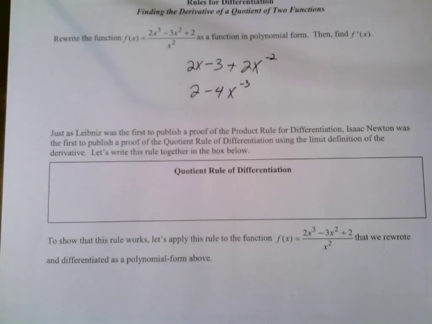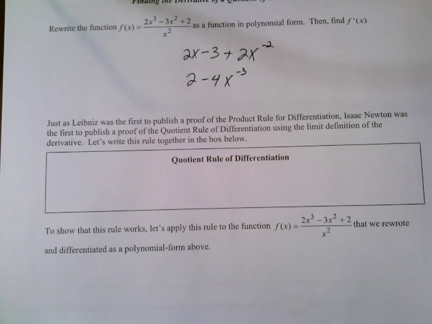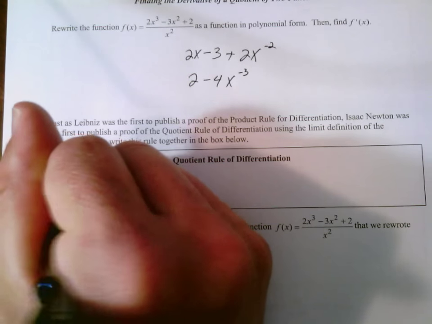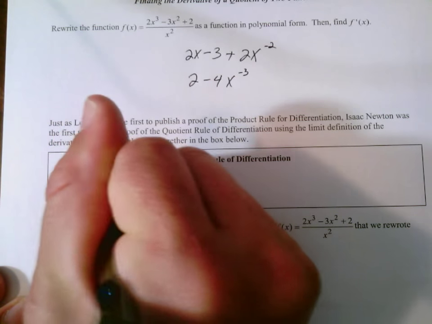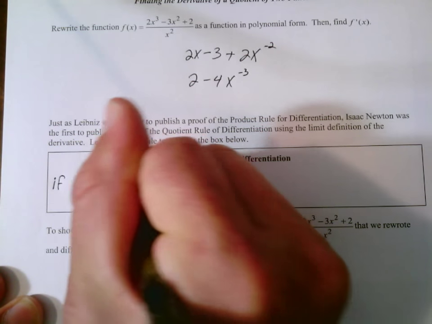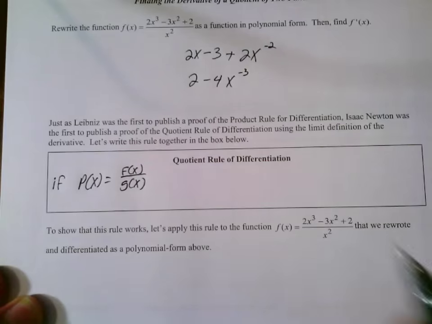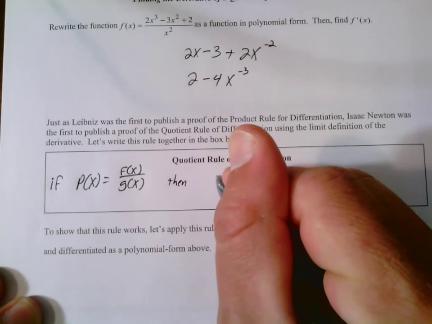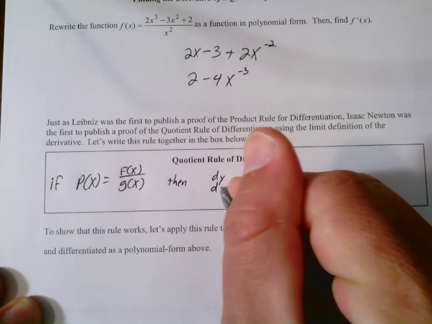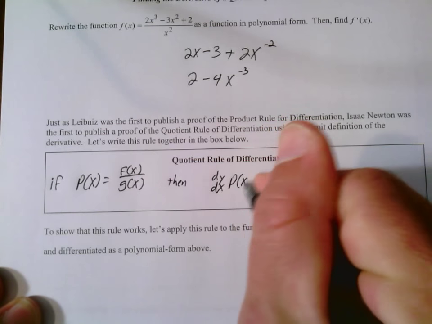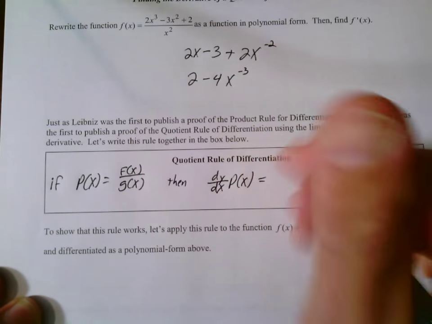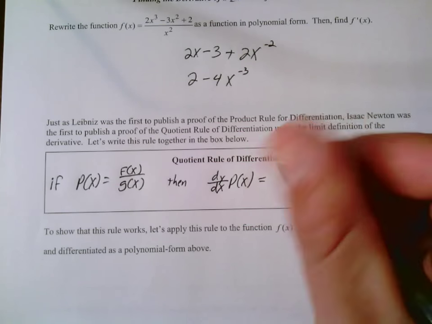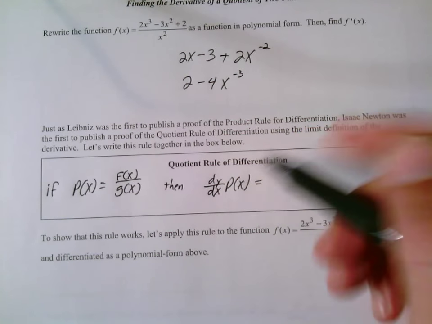Now I'm going to go ahead and give you the quotient rule. If p of x equals f of x over g of x, then the derivative of p of x equals, remember our notation, derivative, we're going to really use this notation later, so let's start working with it now.